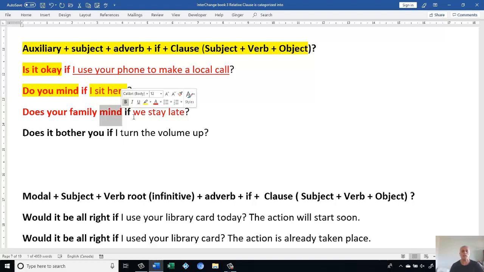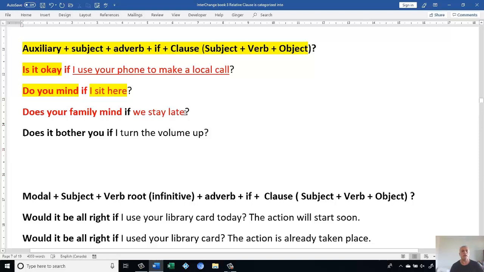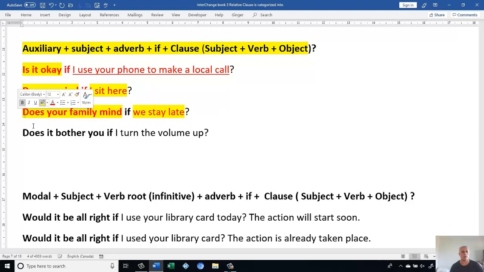Then we have the if clause connecting the two sentences. Then we have the second clause, we say subject, verb, and then we have adverb here. Okay, that's how we call it, if clauses.